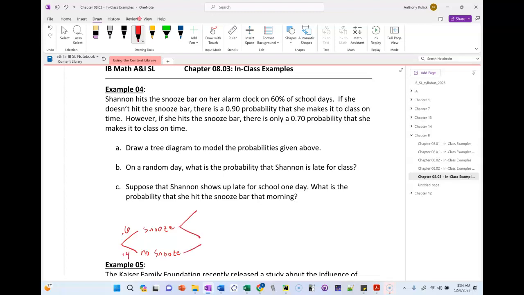And then what can happen after that? Okay, so we'll say on time and then late. You said that was 0.9. So what's the late possibility? Okay. And then if we do hit the snooze bar, okay, so the late is good. Feel okay? Everybody's okay with how we built that?